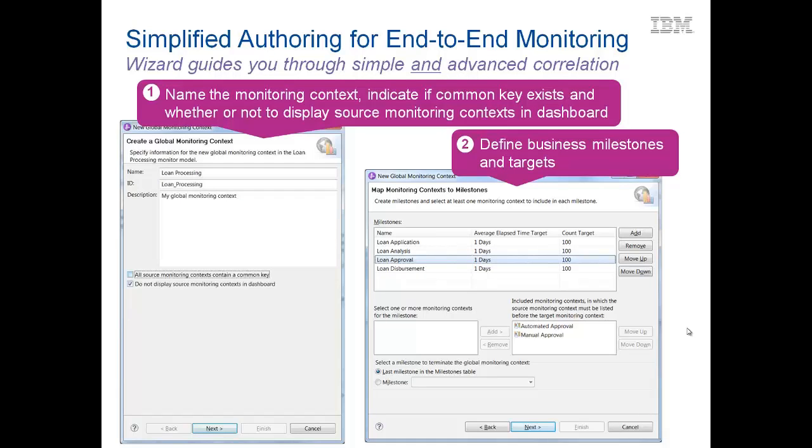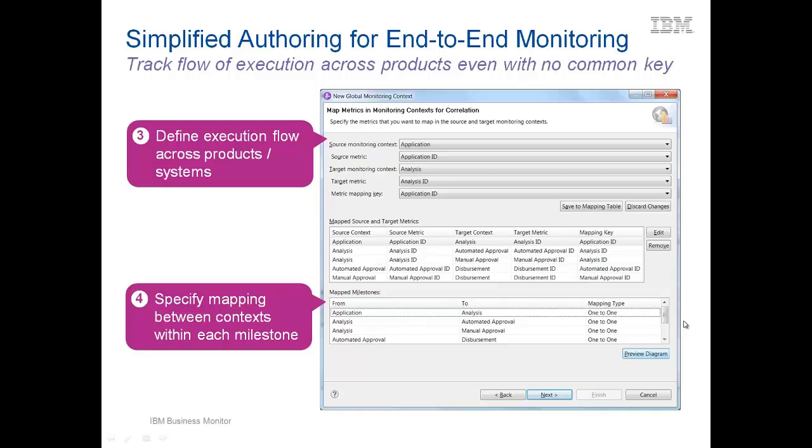And so we do that with a wizard that's included in version 8 called the Global Monitoring Context Wizard. And so in that, we define the name of the phases or the milestones that we want to define, how long we expect them to last, how many we expect them to be, and then we define what data is common. And so we define a source metric and a target metric that ties those two steps together, if you will.